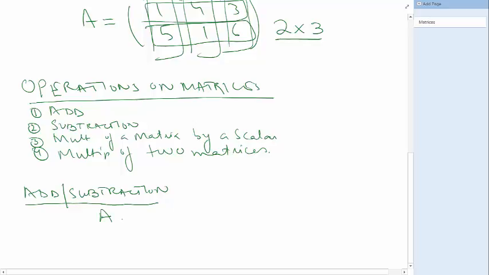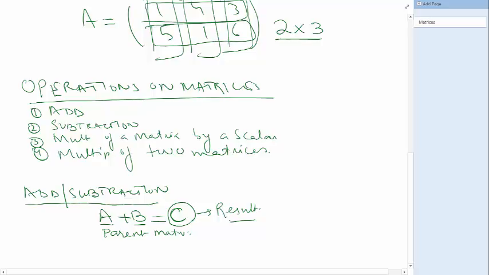If we ask you to find A plus B, after executing A plus B, we will get some resultant matrix. Let's name it C. So these two matrices A and B are considered parent matrices, and C is called the resultant matrix.